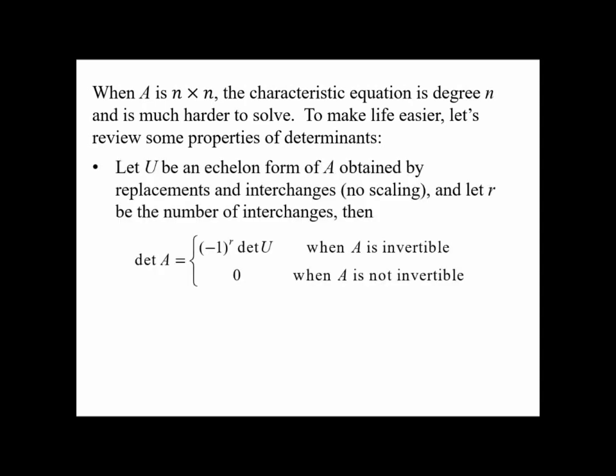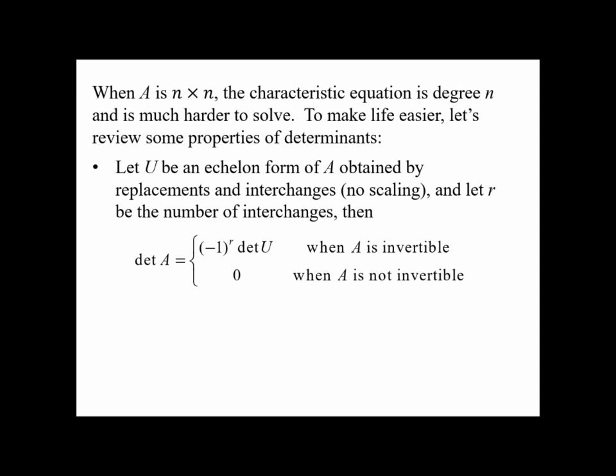First off, let U be an echelon form of A, obtained by replacements and interchanges. So no scaling. We can switch the rows however much we want. Remember, a replacement means replace a row by itself plus a multiple of another.